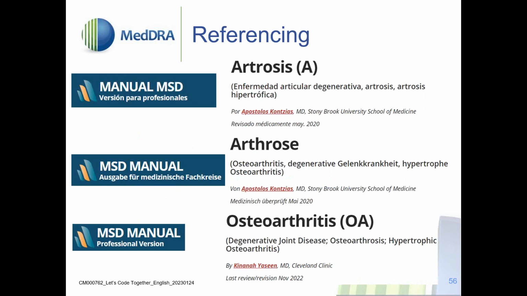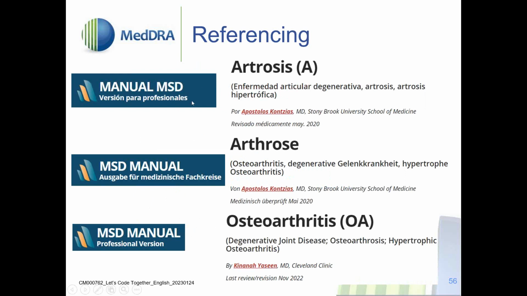Now, you may wonder, depending on your native language, why arthrosis is considered a synonym for arthropathy. This is because the medical term arthrosis is interpreted and used differently in different languages. Here are some examples from the MSD manual, which I told you is available in different languages.